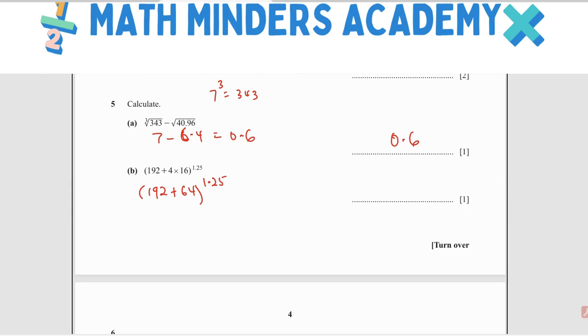Then if we add up this, so we have 256. Okay. 1.25, that is 5/4. Okay, remember 1.25 is 5/4.